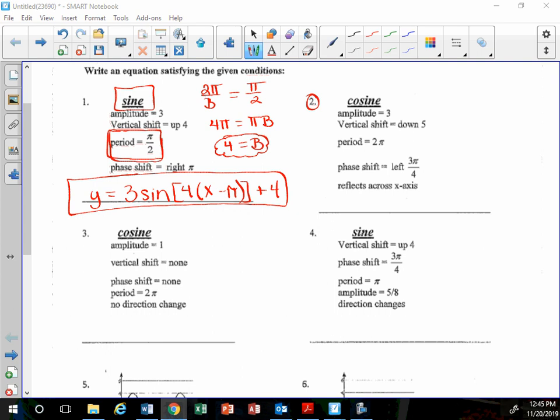Compare with your neighbors, see if you have the same equation. I would write it in factored form just so it's easy to see the shift.